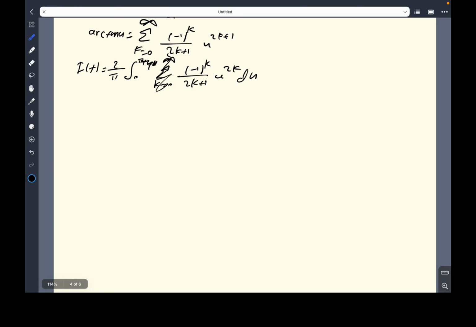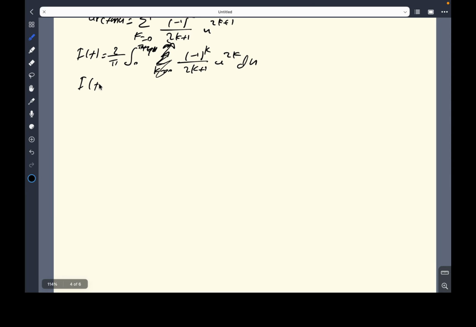I said that I'm not going to write this summation notation here, so the 2 over pi is going to go out. The negative 1 to the k over 2k plus 1 is also going to go out, and we're left with the integral from 0 to 1 of u to the 2k du.